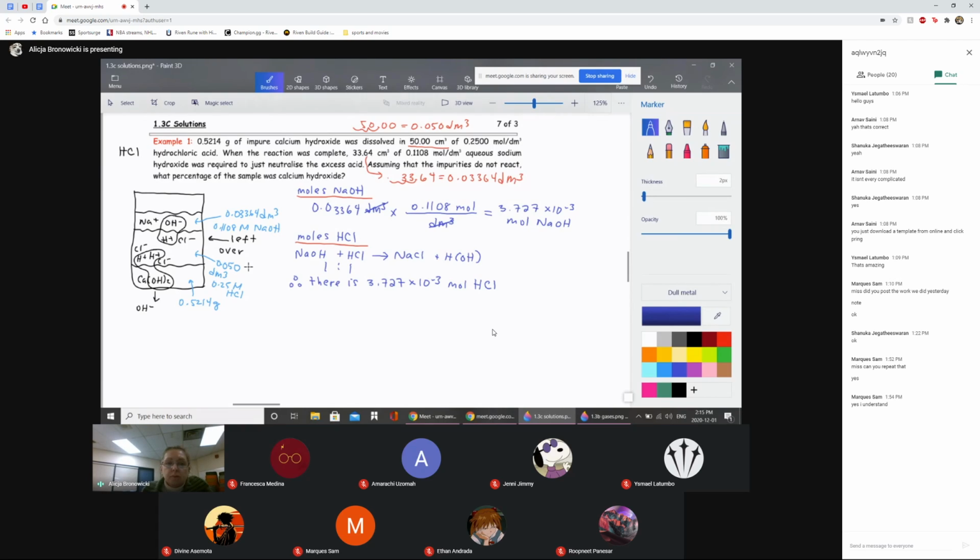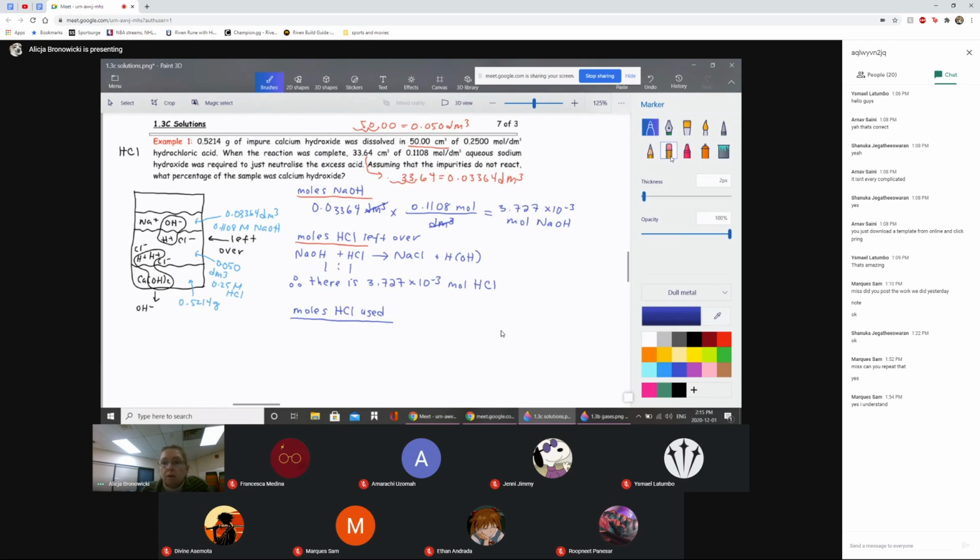That's how many moles of HCl is left over. Now I need to figure out how many moles of HCl was used to react with the calcium hydroxide. So moles HCl used.